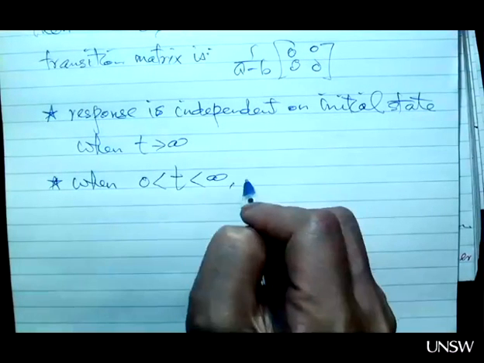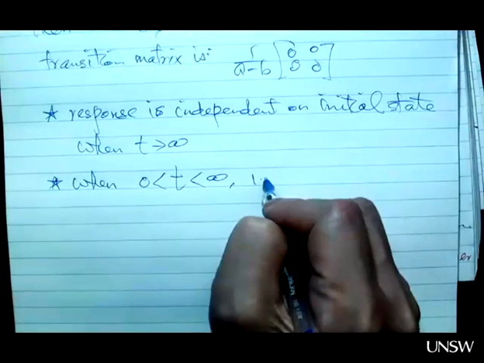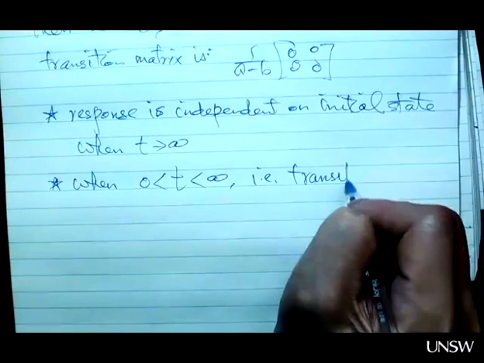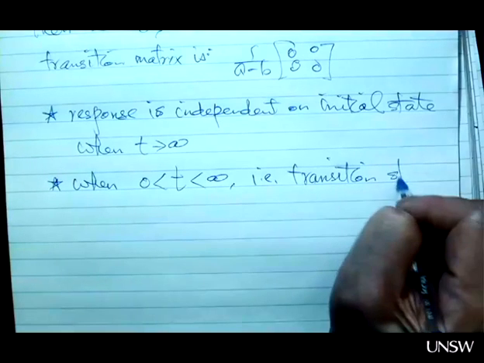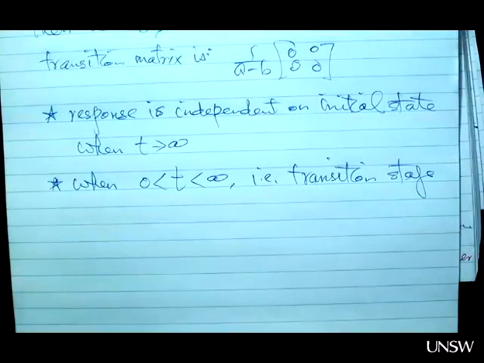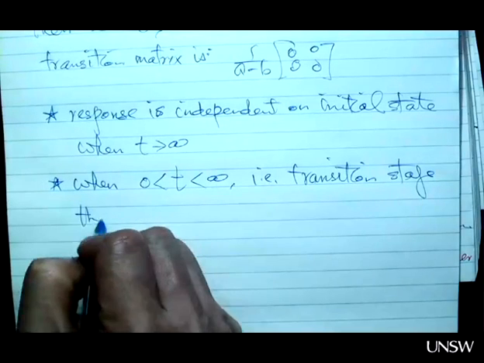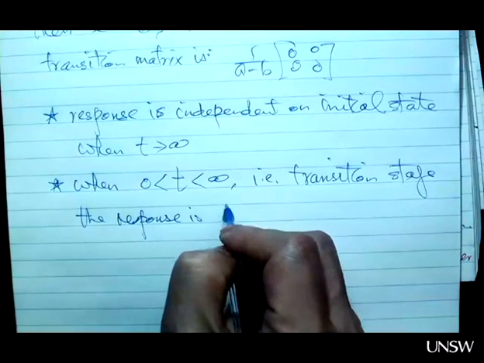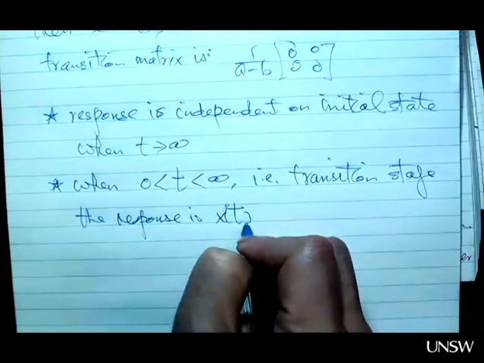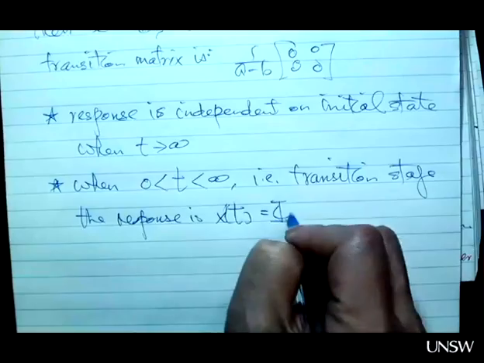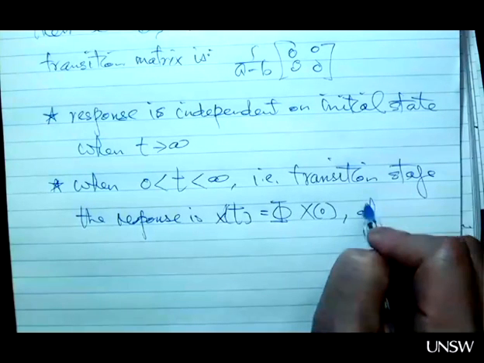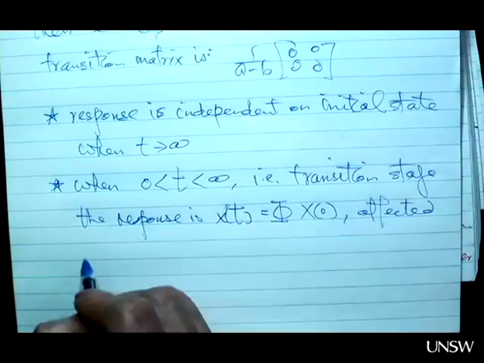So that is the transition stage. The response, the x of t, okay, equals the transition matrix, okay, and that is affected by the initial condition.